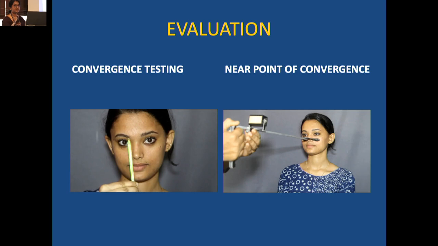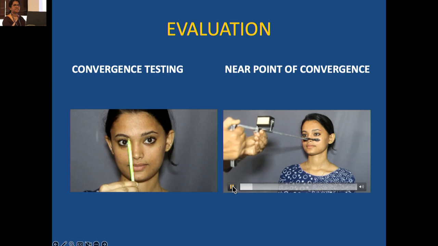The subjective break point is when the patient, focusing on the tip of the pen, has diplopia. The point at which you see the eye deviating is the objective break point. All of us do this in our OPD, and it is a test for convergence.